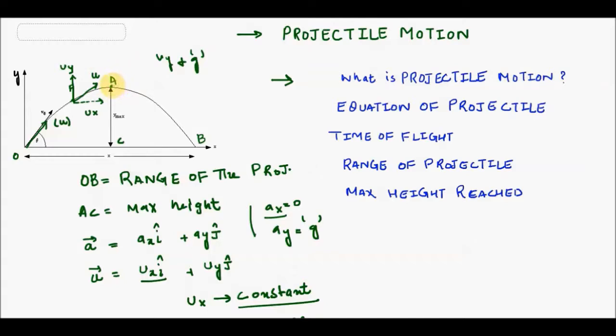So at point A, only the horizontal component of the velocity is present and no y component is present. So at maximum height, uy is equal to 0.